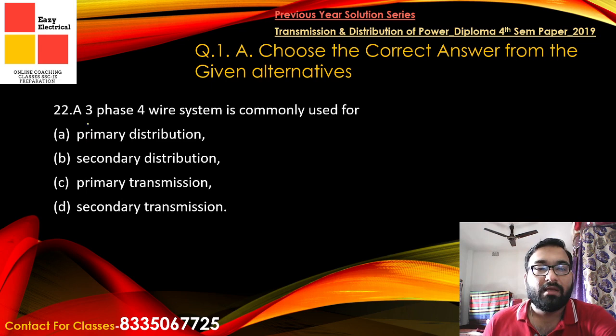Now here next question is, a three-phase four-wire system is commonly used for. What do we use this three-phase four-wire system? We generally use this three-phase four-wire system in secondary distribution. That will be the answer.